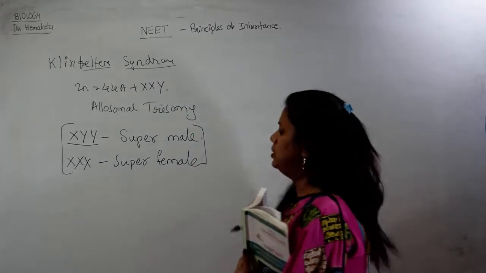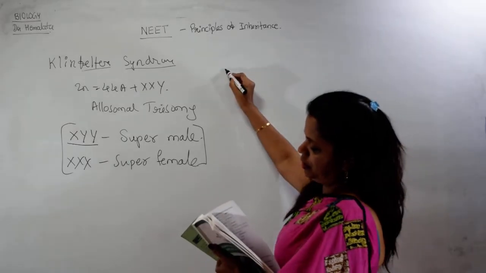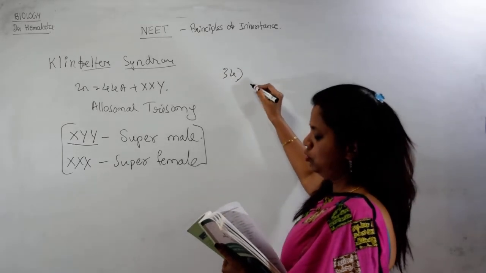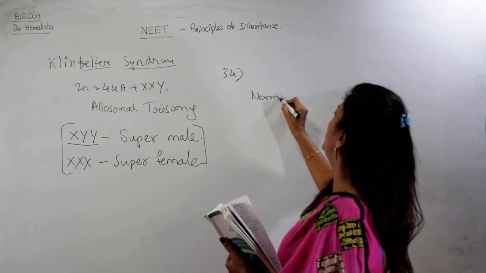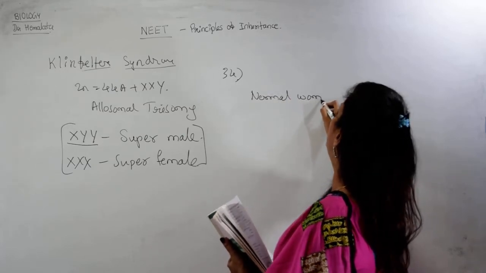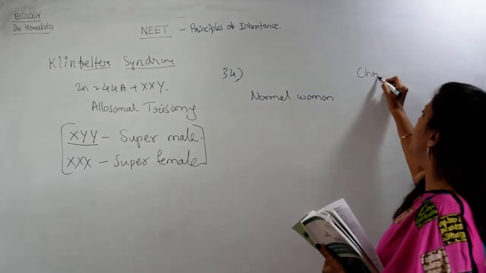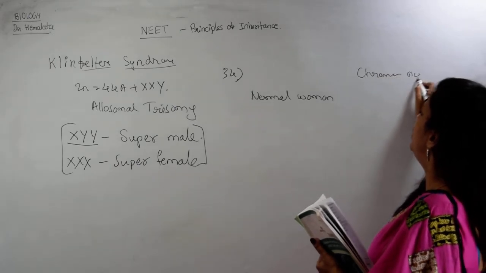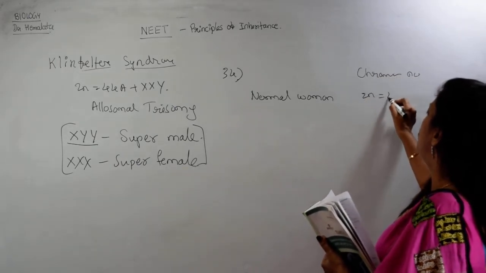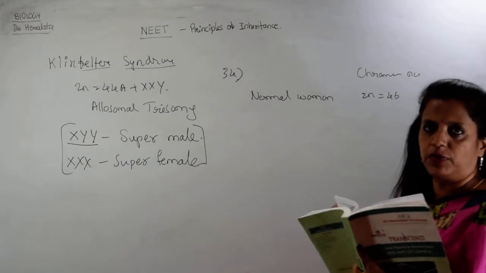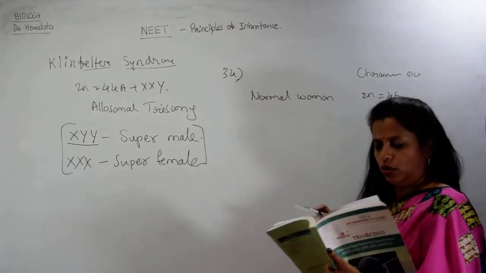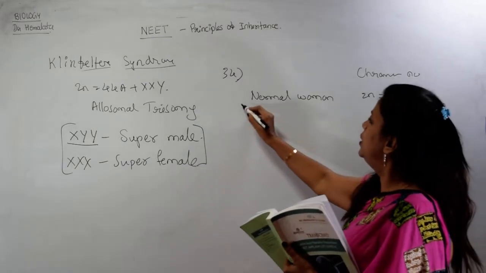So what is this question saying? In the 34th question, chromosome numbers are given. Normal woman, how many chromosomes will you find? She will have 2n equals 46, right, with 44 autosomes and 2 allosomes. Next is the second one.